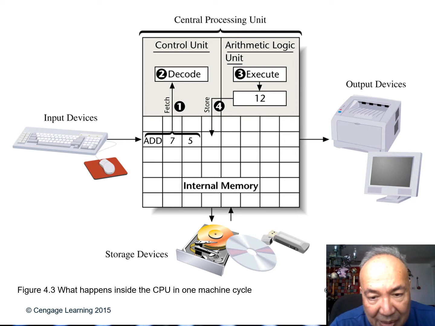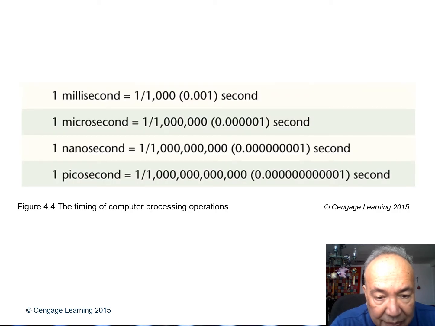Input, processing, output. These are the machines that you use for each one of those. These are physical parts of the computer. So this is the timing of computer processing operations.